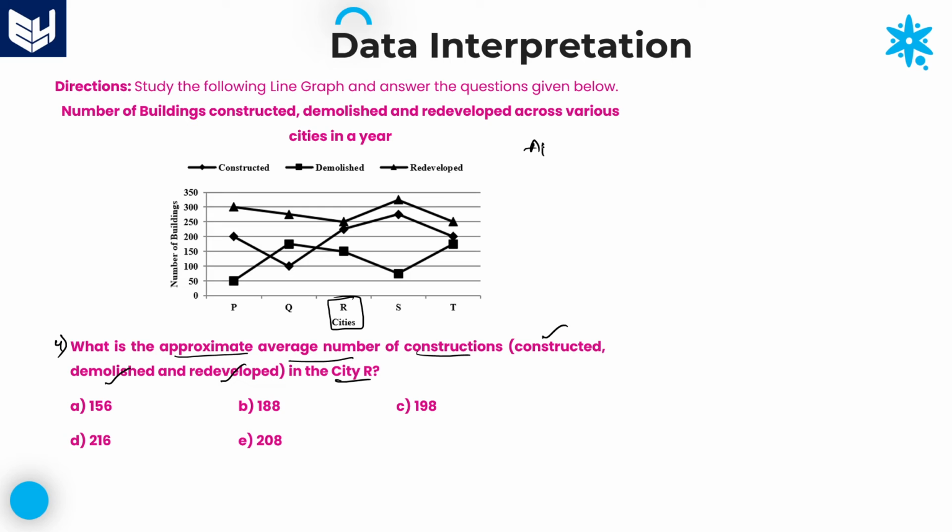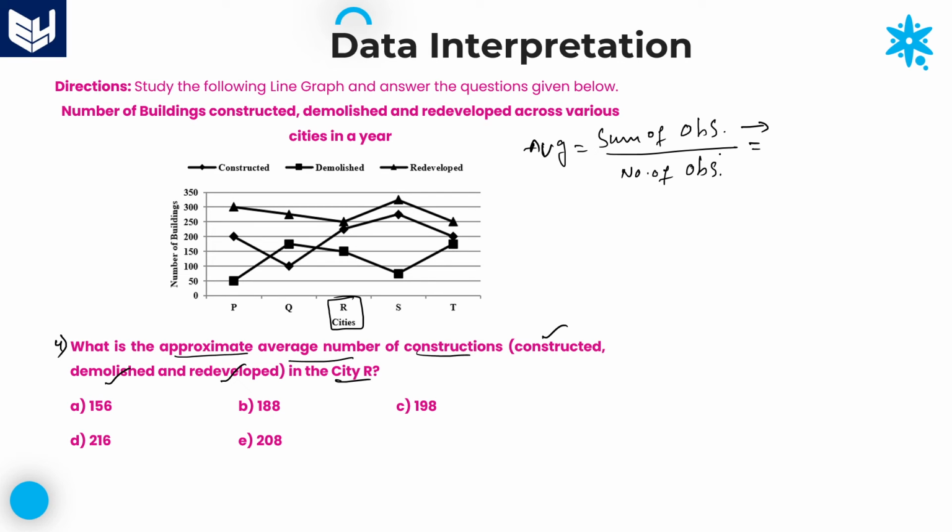Here, as we all know, average is equal to sum of observations divided by number of observations.